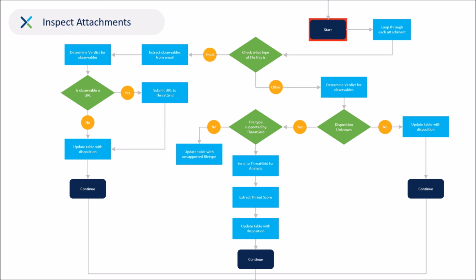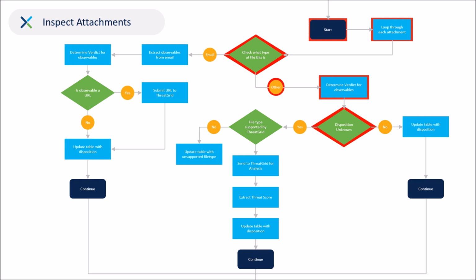And now we get into the meat of it, right? We've got this attachment. We're going to loop through each attachment. We're going to check what type of file this is. So if it's other, meaning not email, we're going to determine the verdict for the observations. If the disposition itself comes back as unknown, then obviously we're going to want to analyze it.